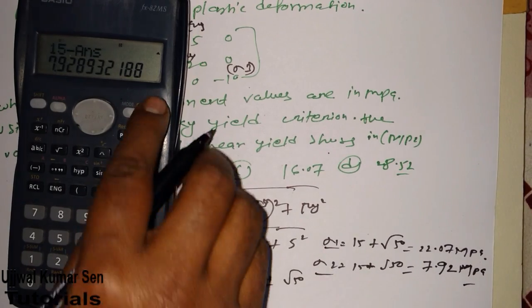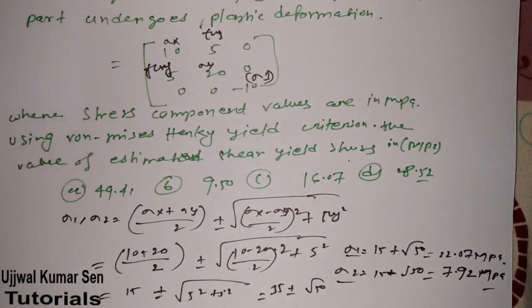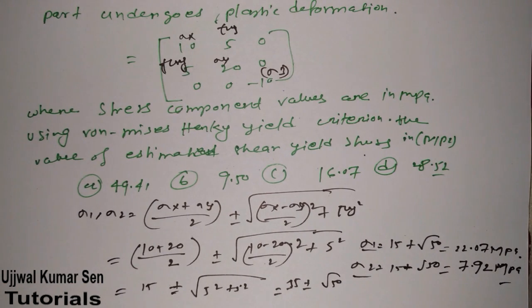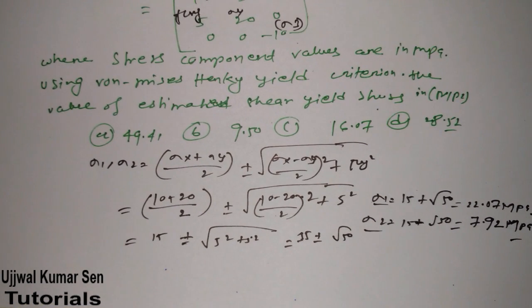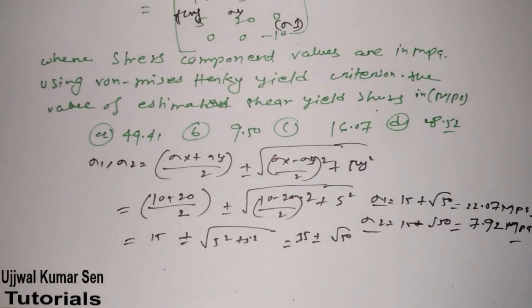So we got the values of sigma 1 and sigma 2, but we have to use this von Mises-Hencky yield criterion, which I have already shared with you. By using that formula, we can easily find out the value we require, that is the yield shear stress, sigma ys.